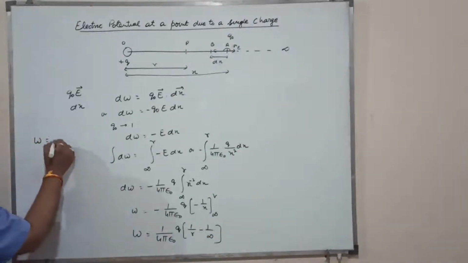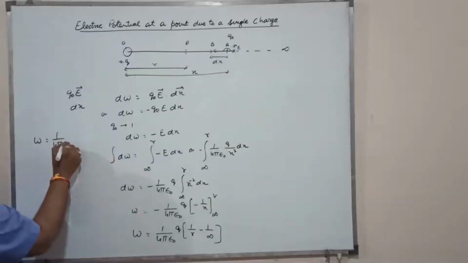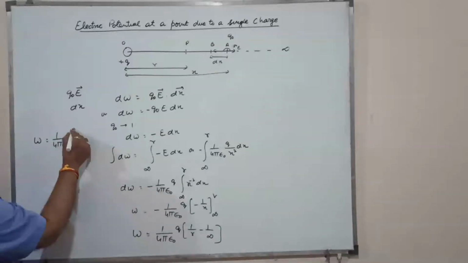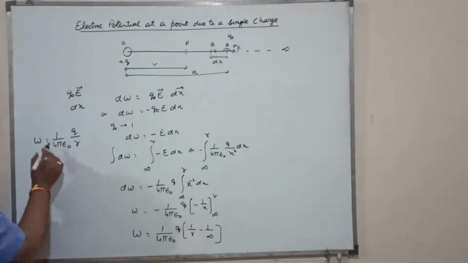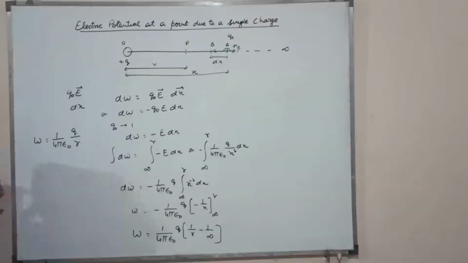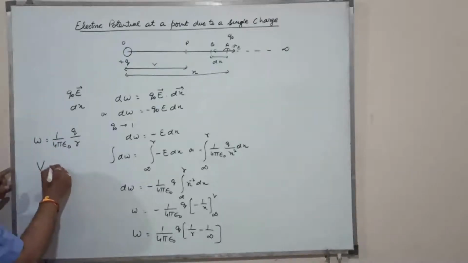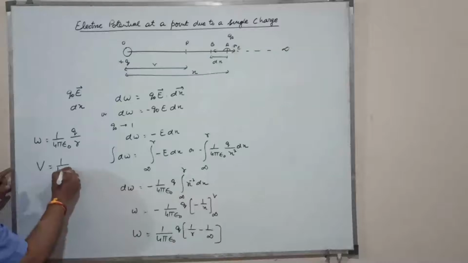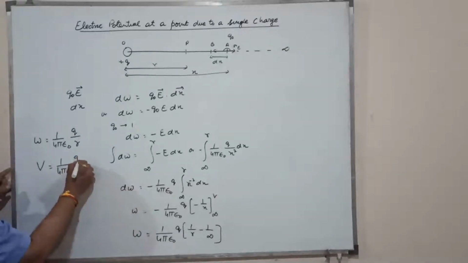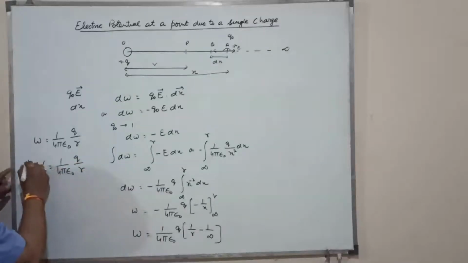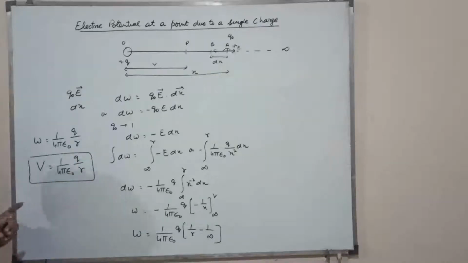W is equal to 1/4 pi epsilon 0 Q upon r. This is the work done, and according to the definition of potential, this work done is equal to the potential at the point P. V is equal to 1/4 pi epsilon 0 Q upon r. This is the expression for the potential at the point P. Clear?